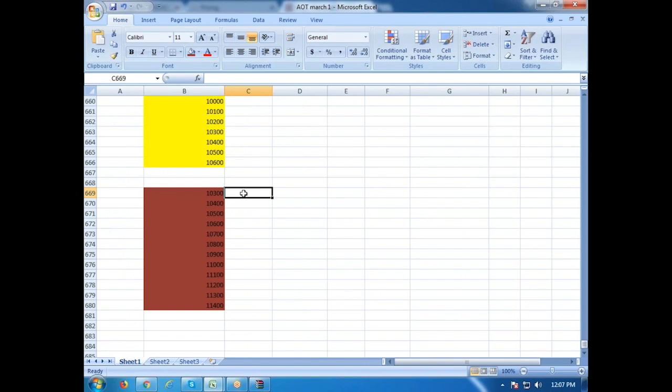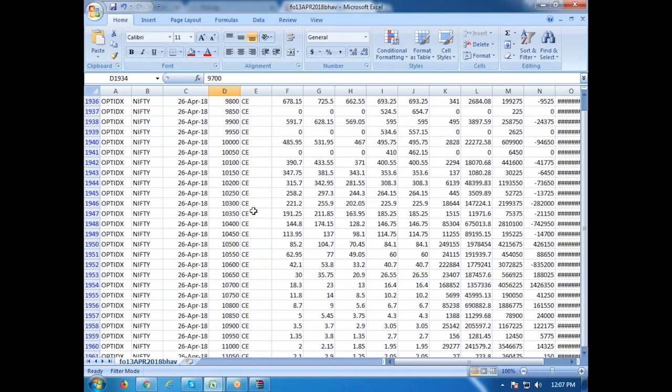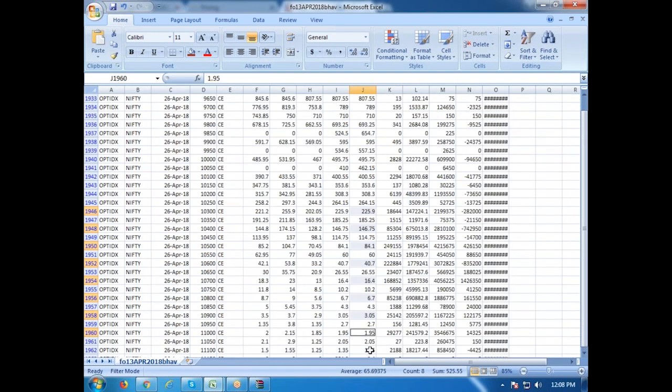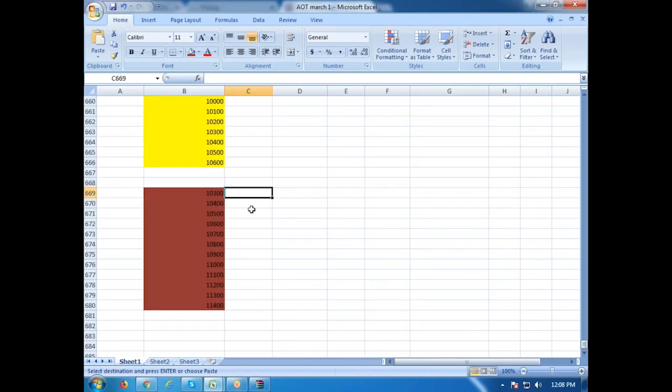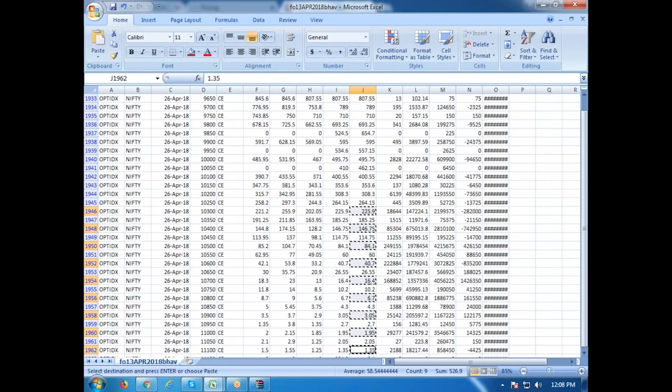मेरे को कॉल का प्राइस लेना है 10,300 से अप्रैल मंथ का. These are the prices. ठीक है, ये हो गया मंथ फॉर अप्रैल.